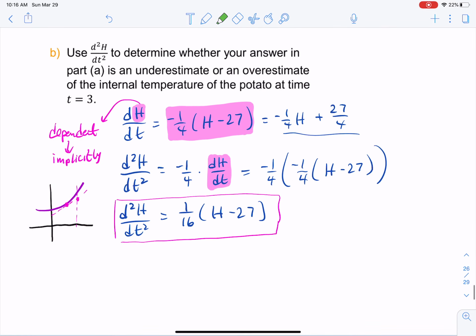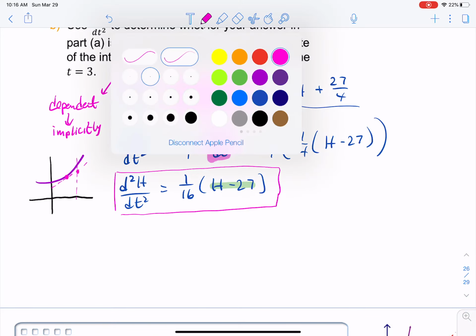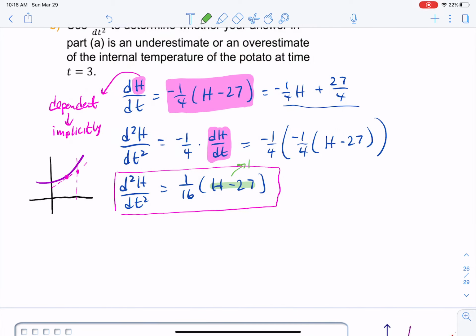So now if I come back down here, since h has got to be greater than 27, this quantity is always positive. So since it's always positive, our second derivative is always greater than 0, which means that this is concave up.